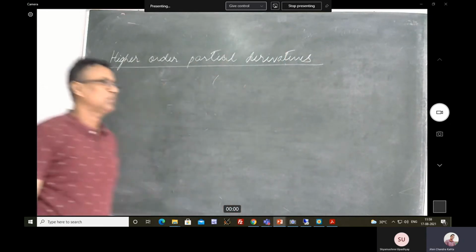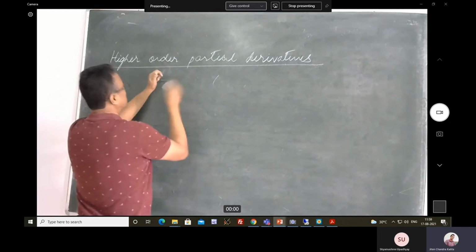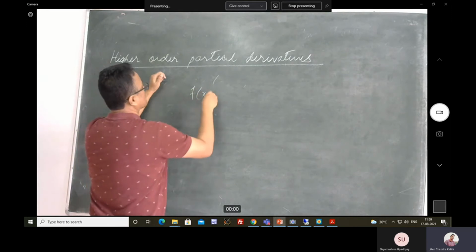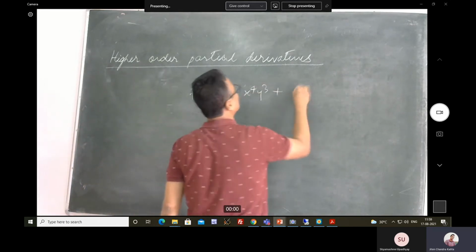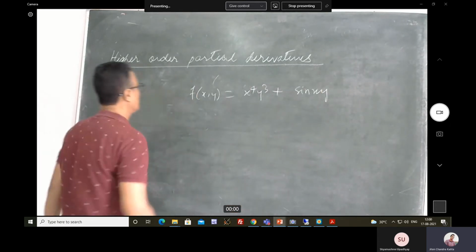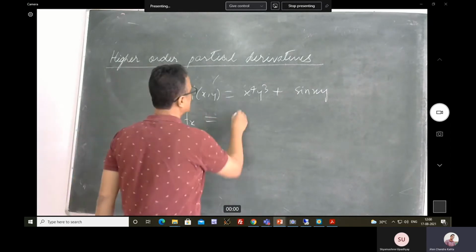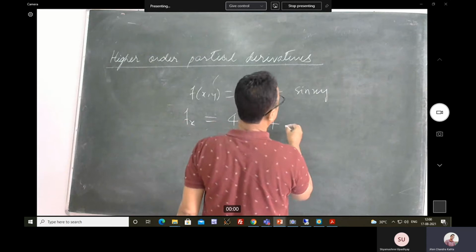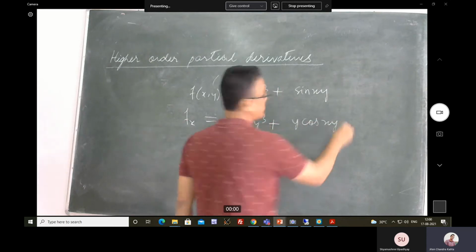This is simple. Suppose I'm again taking a very easy example, the same one: f of x, y equals sin xy. Now if I find fx, this is going to be 4x cubed y cubed plus y cos x. We have already found this out.